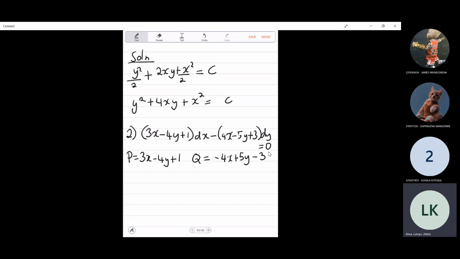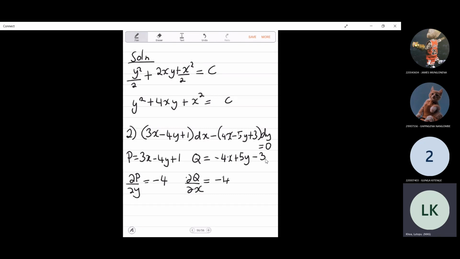Then we check and see if this is exact. So dp/dy is equal to minus 4, and then dq/dx is also equal to minus 4.